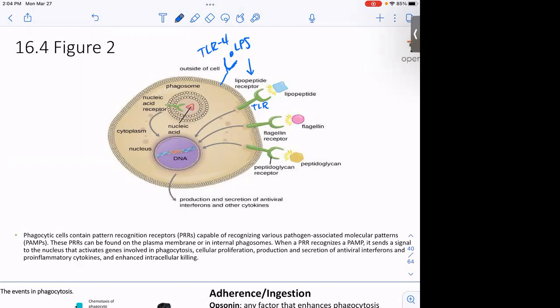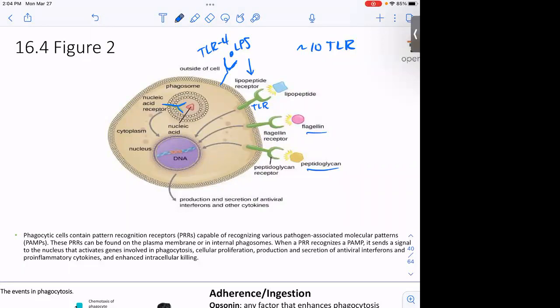Again, we think there's about 10 toll-like receptors in humans. They've discovered 12 in mice, so there may be a few we haven't found yet. But again, broad-based patterns that we find on pathogens like flagellin or peptidoglycan that you wouldn't find on our cells. Some of the toll-like receptors, here's one that's expressed inside the phagosome.